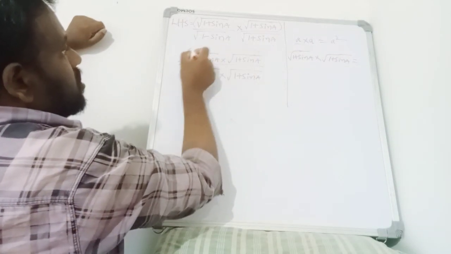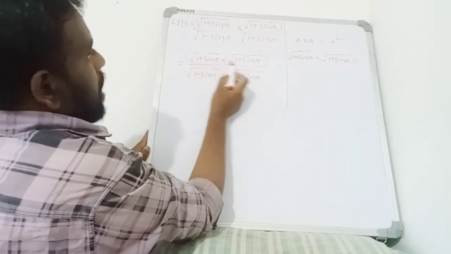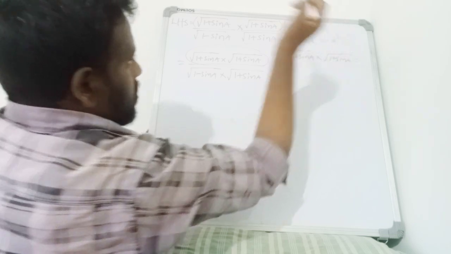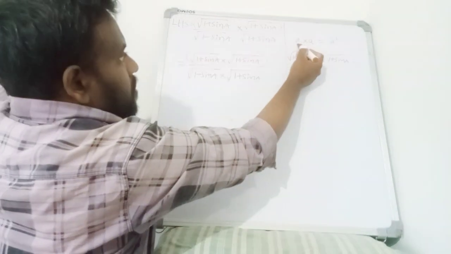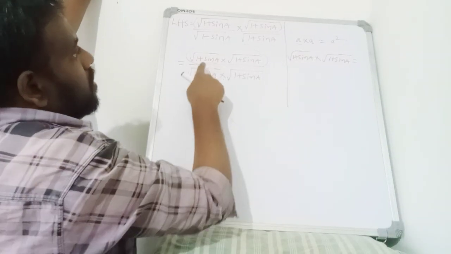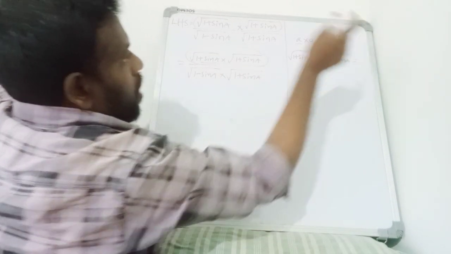Now I want this, what is this? To find what is the value of this, I am using this formula, A into A is equal to A square. So in place of A, we have this. See, this into this I have written here, this into this is equal to what?